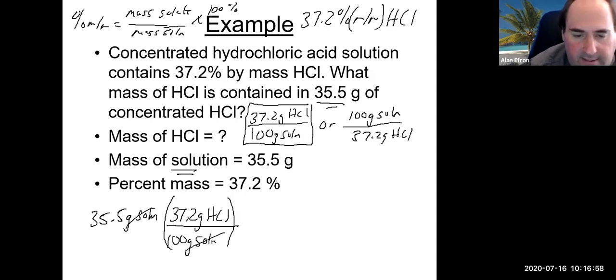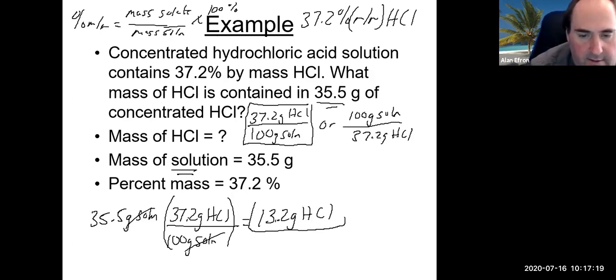Grams of solution will cancel, and we will end up with 13.2, something like that, 13.2 grams of HCl. So if you take the conversion factor approach, you get this calculation.